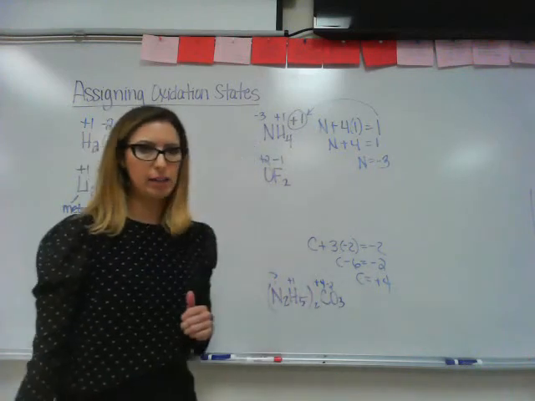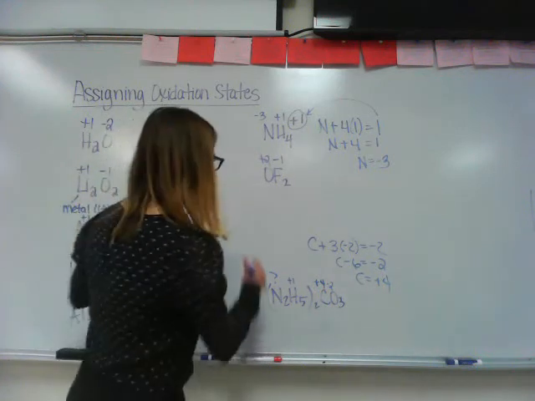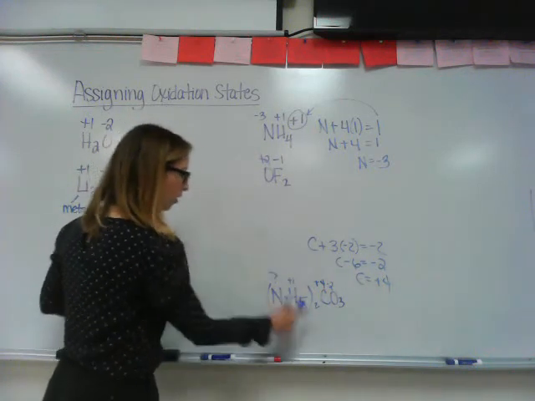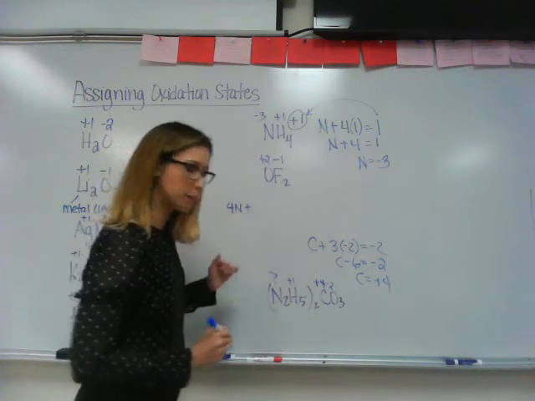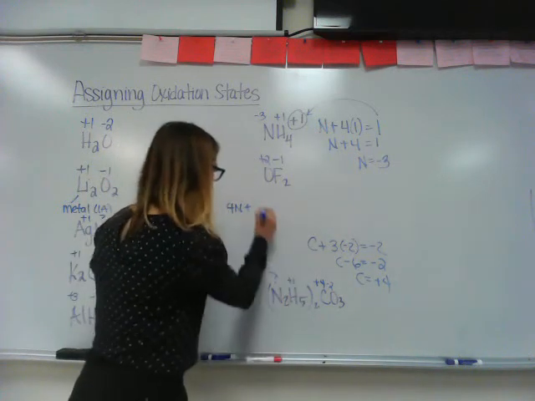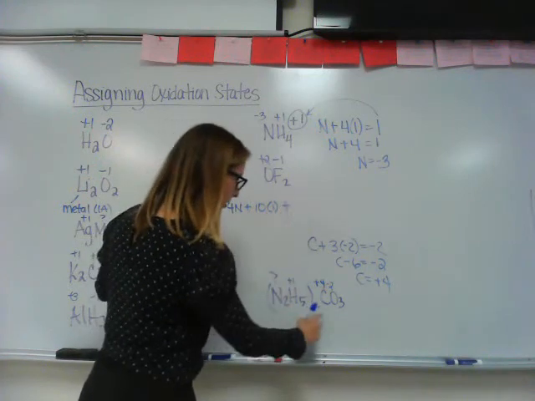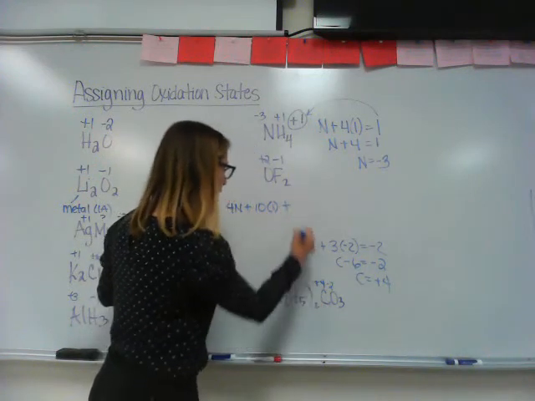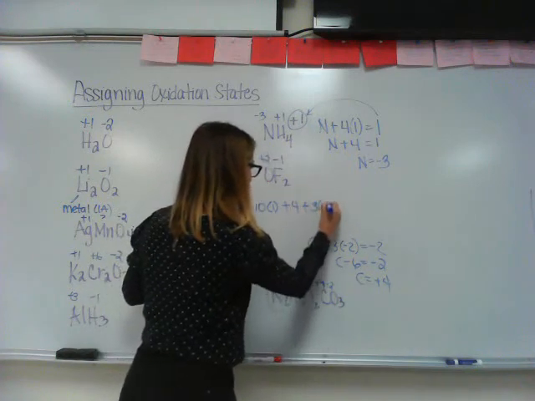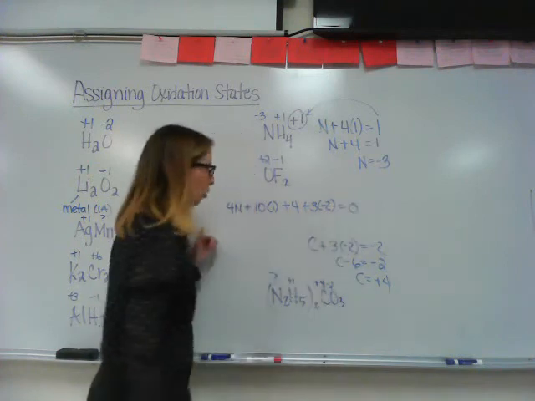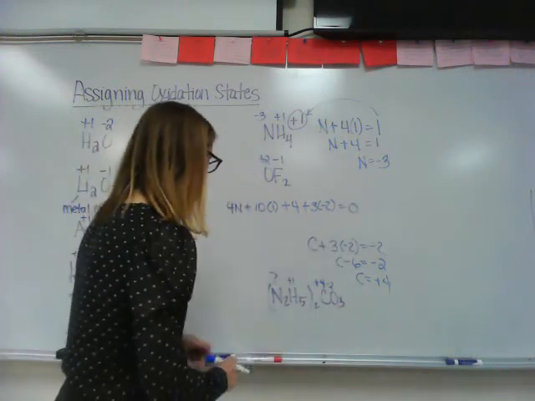Now we can go ahead and calculate nitrogen, okay? For this you have 2 times 2 is 4 nitrogen, plus 2 times 5 is 10 hydrogen at a +1. Plus, you have a carbon at 4, and then 3 oxygen at a -2. So the oxidation numbers add up to 0 because there's no charge written on the paper.